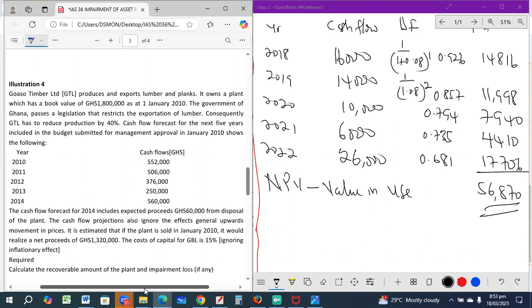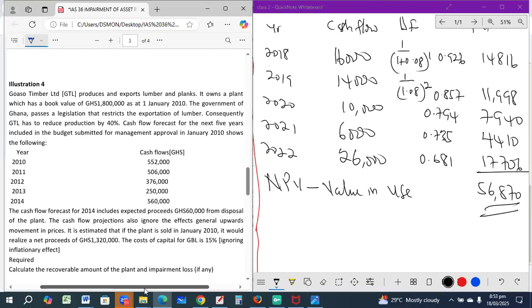The government of Ghana passes a legislation that restricts the exportation of lumber. Consequently, when we were discussing the causes of impairment, we said that legislation can be passed. So here, government has enacted a legislation that will restrict the exportation of these products. Then they said that consequently, GTL has to reduce production capacity by 40%. This is an indication of impairment.